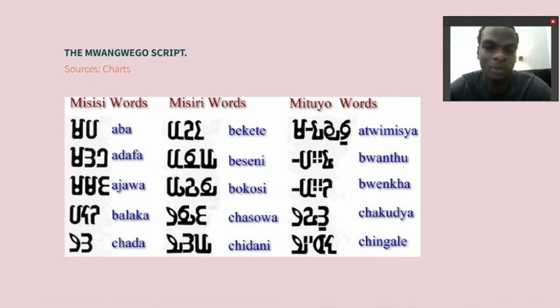And this is crucial in making the initial design decisions when designing a font for such a writing system. And this helped me when I was creating the Mwangwego script, because I had proper guidance when creating it.